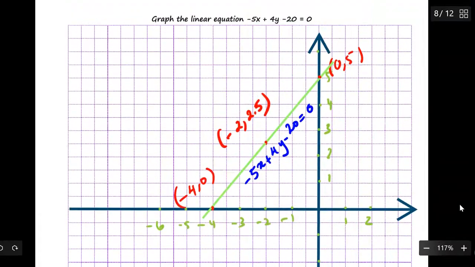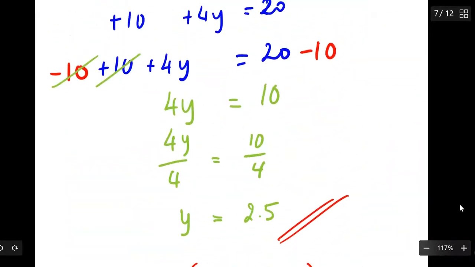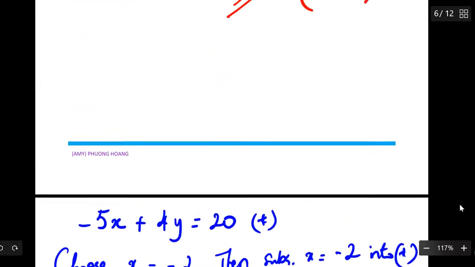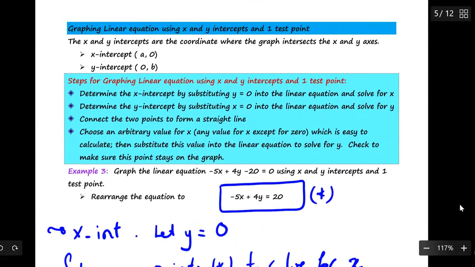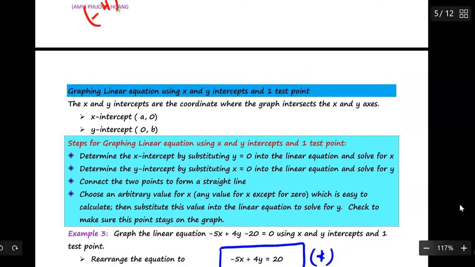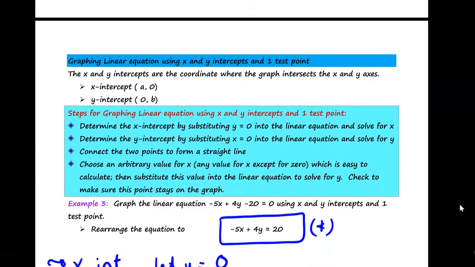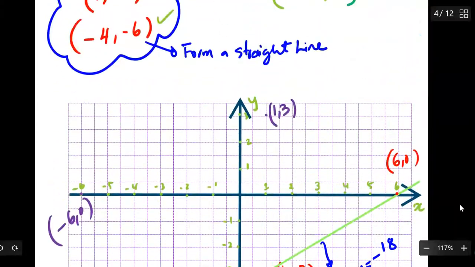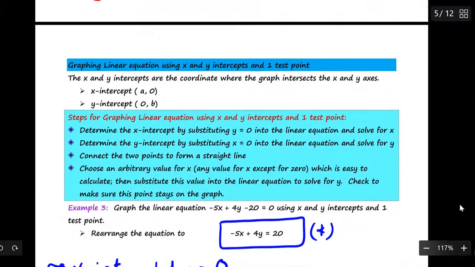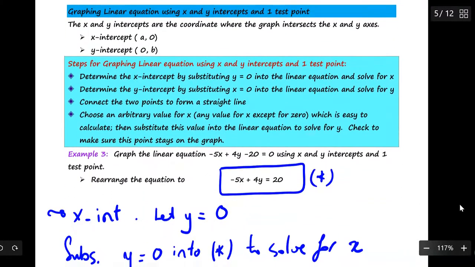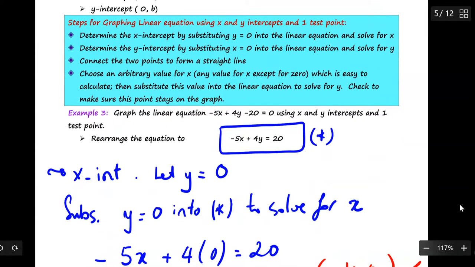I hope I covered everything I needed to say. Basically, I want to emphasize that when you are dealing with a linear equation and you have to sketch it, you need 3 points, the x and y intercepts, so you understand the definition of what x-intercept is.